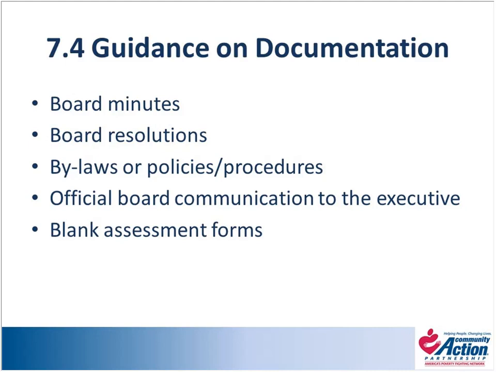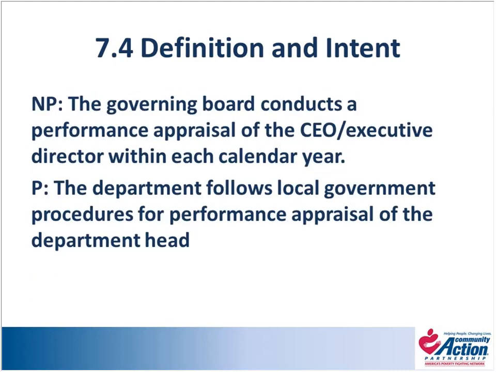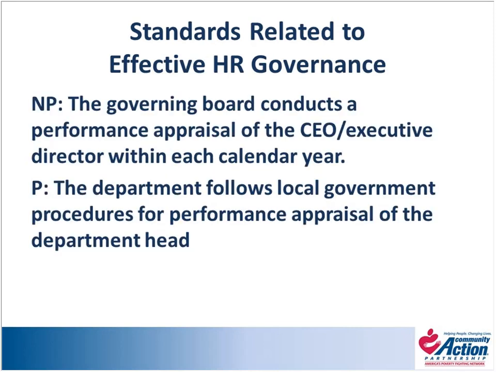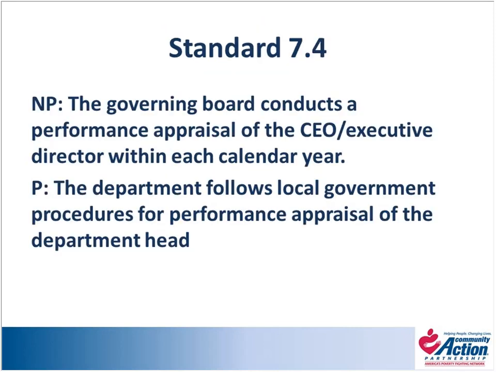Okay, so we do have a question about what documentation works for a public agency. Going back to the standard, the department follows the local government procedures for performance appraisal of the department head. So in this case, you would just submit what the local government procedures are and then evidence of following those. If it's about the same as it is for the nonprofit, you would provide the same kind of documentation.